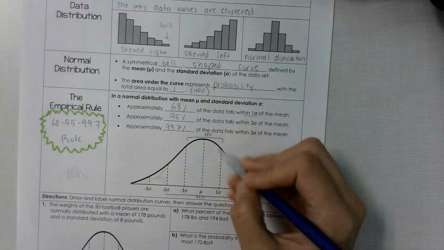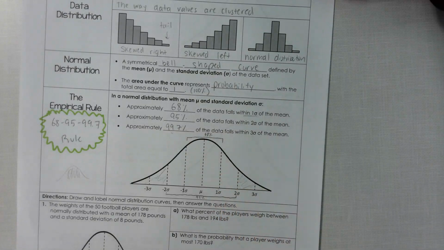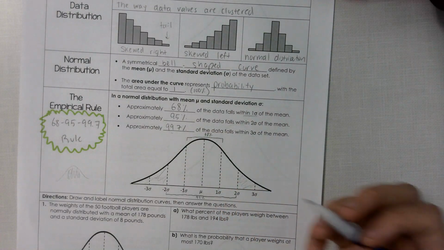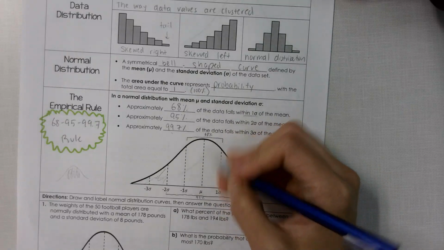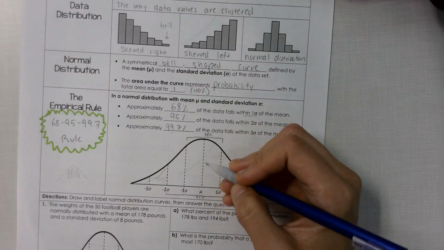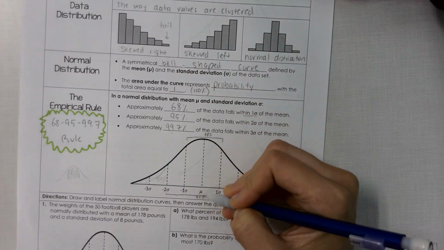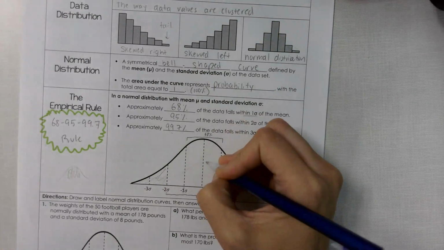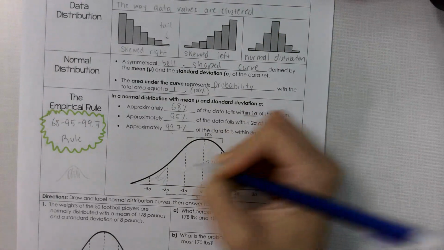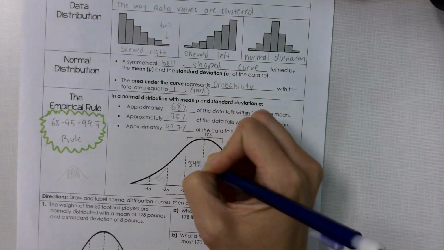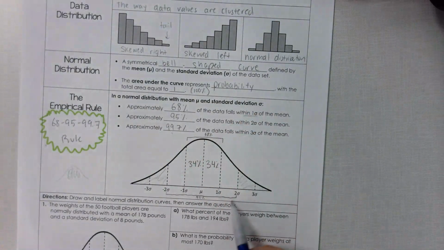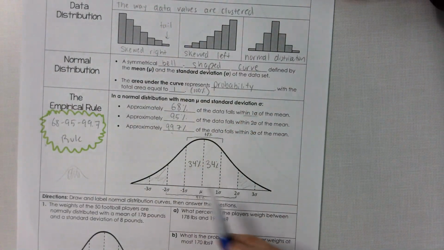So if this whole thing is 68%, remember a standard deviation is symmetrical, right? The center of the axis of symmetry, which is another vocab word, is right here at the mean. So if this is 68, that means this right here is 34%. This is 34%. And then here, if this whole thing is 95%, we need to figure out what these missing pieces are.